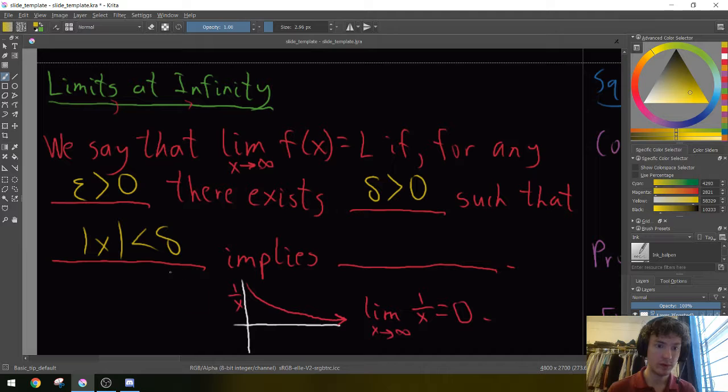We're trying to define a statement that says when x gets very large, the function approaches some number L. So what can we use to express the idea that x is sufficiently large? Perhaps x minus L? Well, we shouldn't combine x and L. L is the value that the function approaches, not what x approaches. So let's create a statement which says x is sufficiently large: x is larger than some bound.